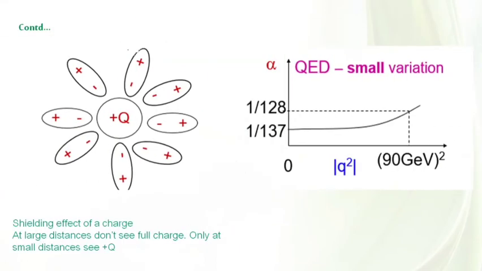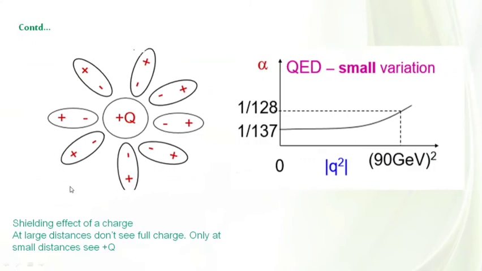So it is a shielding effect of charges. You can see that at large distances, you don't see the full charge. They have dipole moments, dipole charges, but the middle charge is shielded by these dipoles.